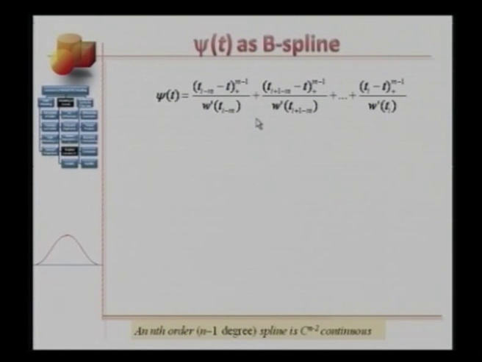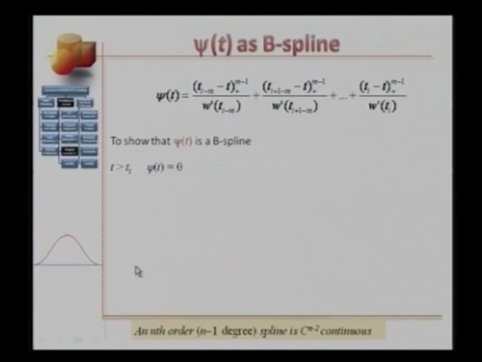We will show that psi of t is a B-spline basis function. So in this figure here, ti is this knot here, and t(i-m) is this knot here, and all the other knots are intermediate knots. So for t greater than ti, psi of t is equal to 0.